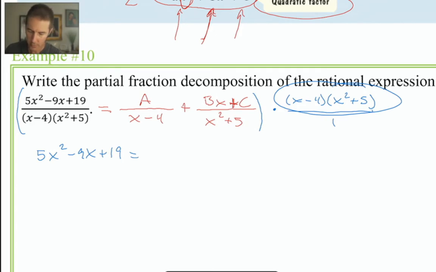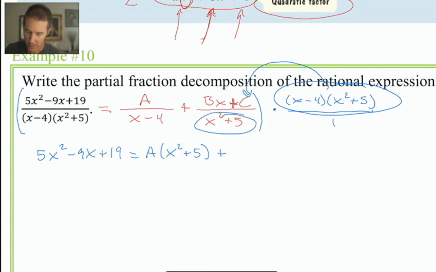Equals. These two things multiply into this first numerator. The x minus 4s are going to cancel, but the x squared plus 5 is still going to be there. So the a is there, the x minus 4 is canceled, but the x squared plus 5 remains. Plus, I multiply these two factors into this third numerator.